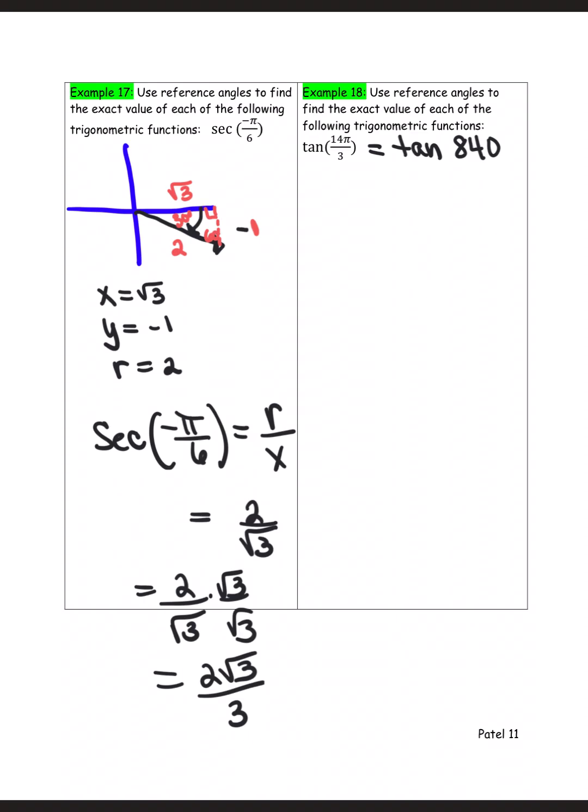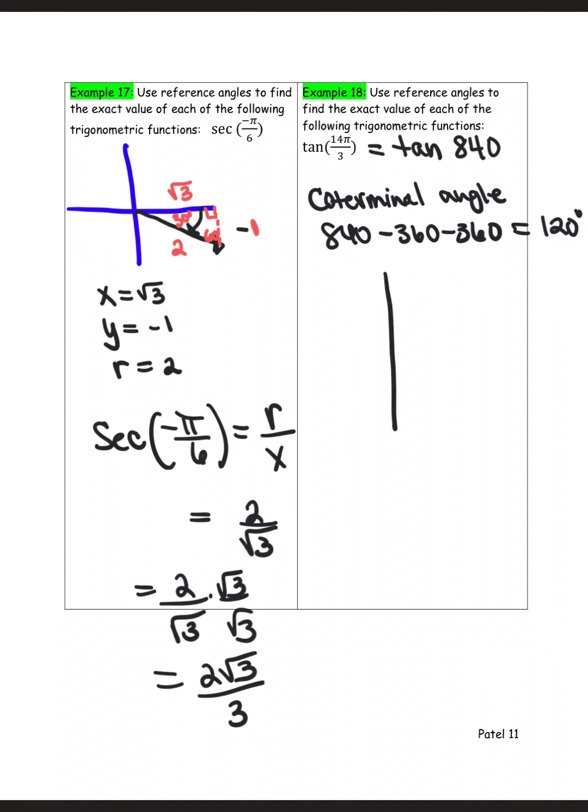Actually, it's going to rotate 2 times because 840 minus 360 is 480. And so when I subtract it twice, my coterminal angle is going to be 840 minus 360 minus 360, or you could have said minus 2 pi minus 2 pi, and you end up with 120.